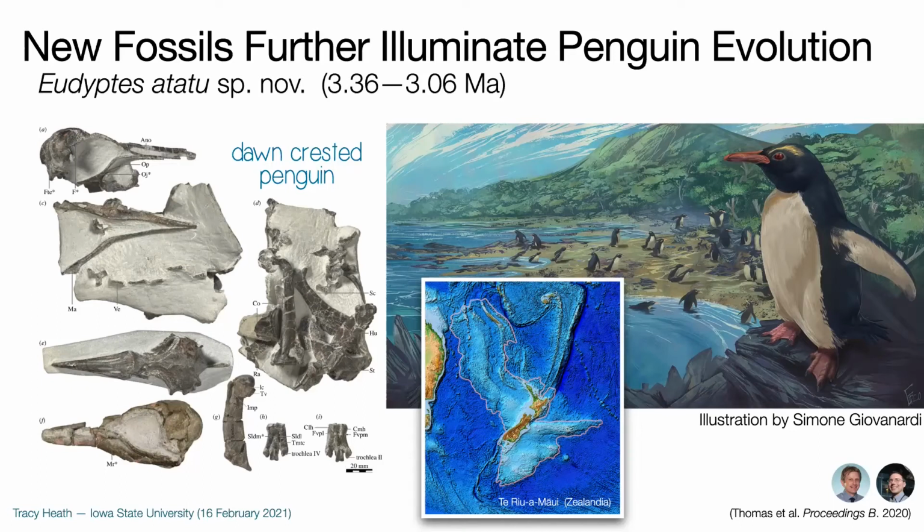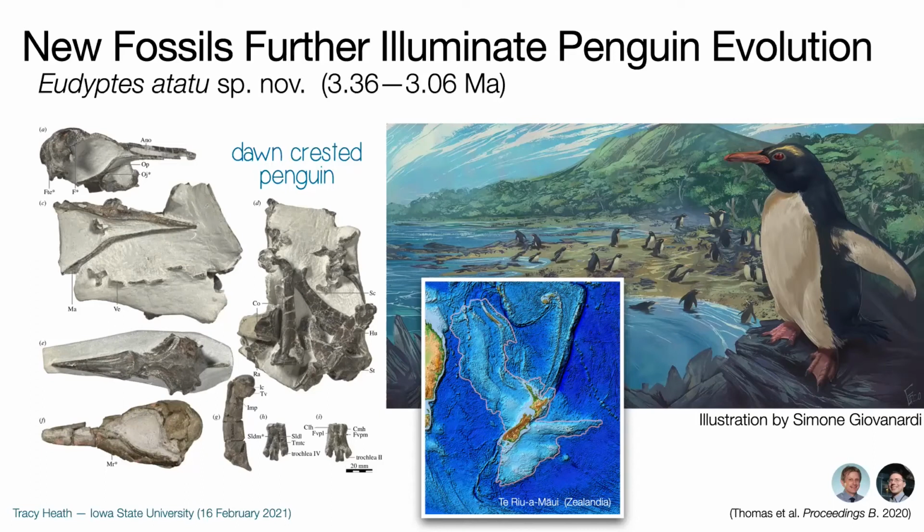This is a study that was led by Daniel Thomas and Dan Sepka, and they and their paleontological colleagues were working on describing this new dawn-crested penguin. What's particularly interesting about this penguin is that it had a lot of key characteristics that linked it taxonomically to the genus Eudyptes. However, its age and some aspects of its morphology indicated that it was a really early representative of this genus.